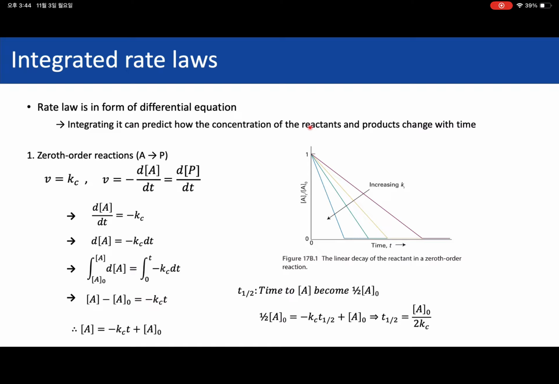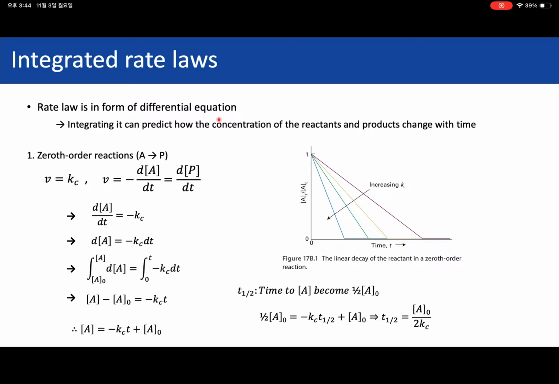So we need to generate an expression for this time evolution of concentration. And from the rate law we derived in the previous slide, we can find the expression for the time evolution of concentration by solving this rate law, which is in the form of a differential equation.